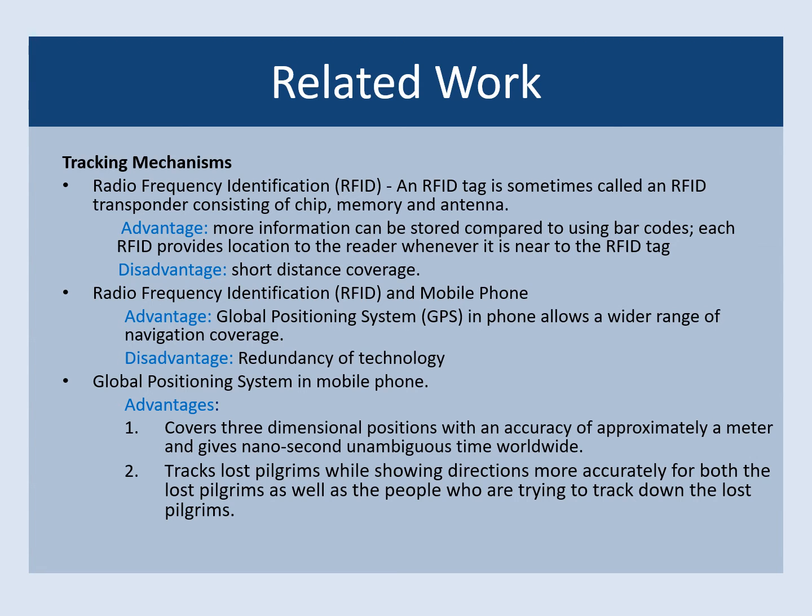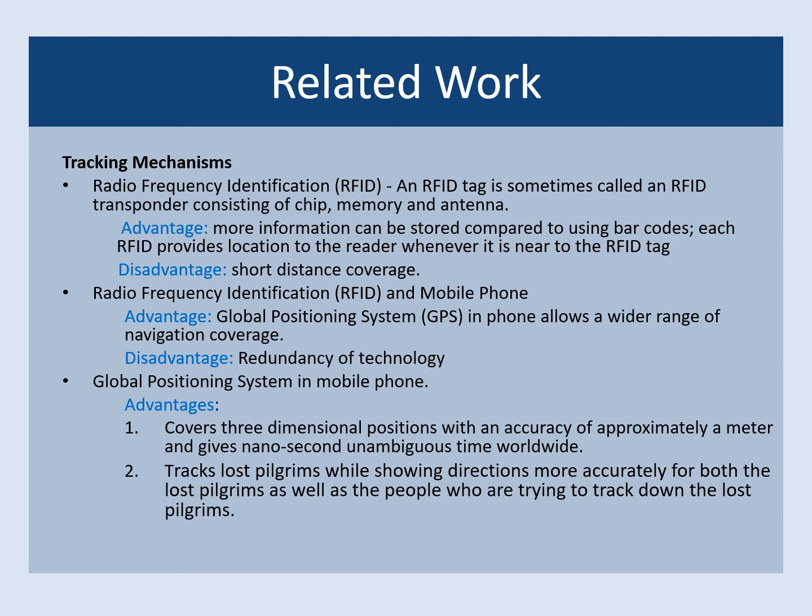Tracking mechanisms. There are three types of tracking mechanisms that can be done with three types of technology. One is radio frequency identification, RFID. An RFID tag is sometimes called an RFID transponder, consisting of chip, memory, and antenna.